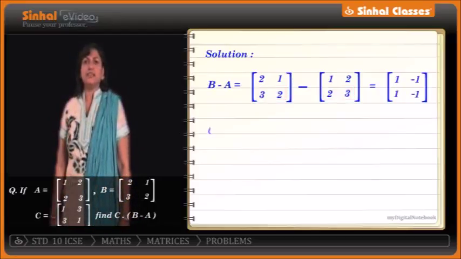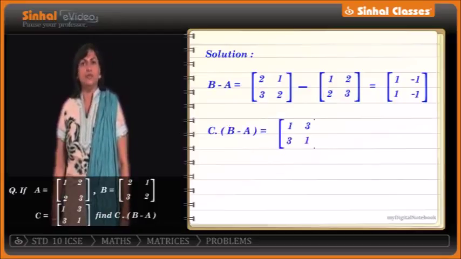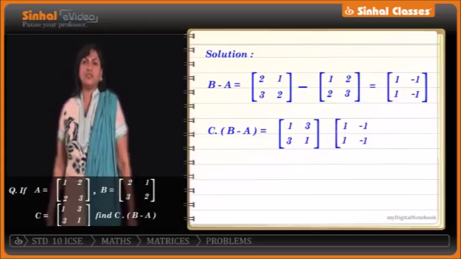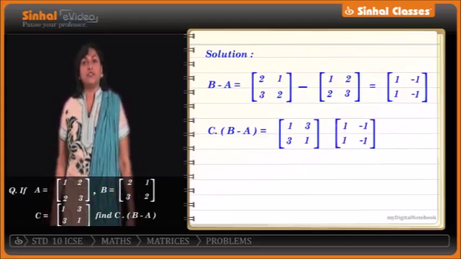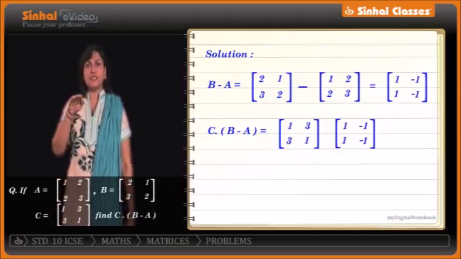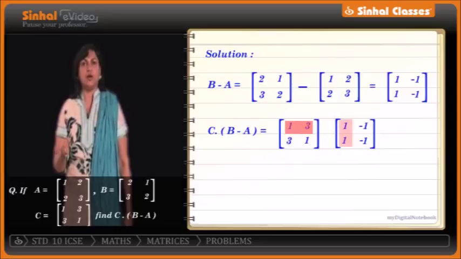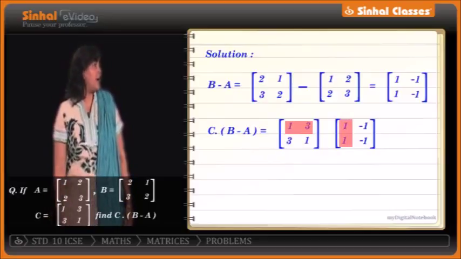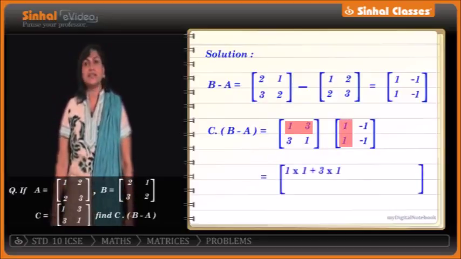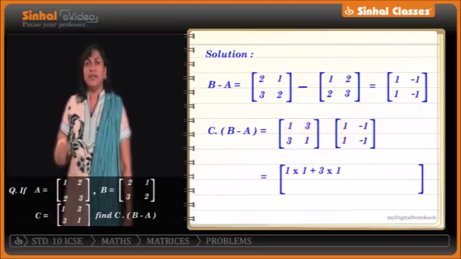The order of C is 2 by 2 and B minus A is also 2 by 2. So we can multiply these two matrices and the order of the new matrix will be 2 by 2. Now the first element will be first row into first column, that is 1 into 1 plus 3 into 1.